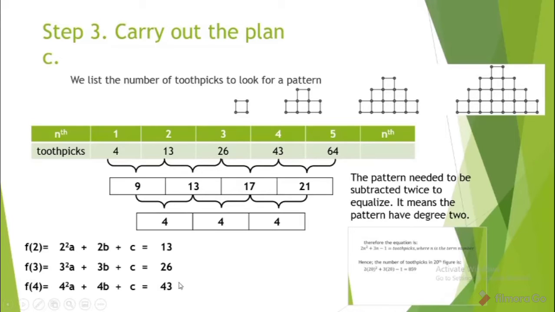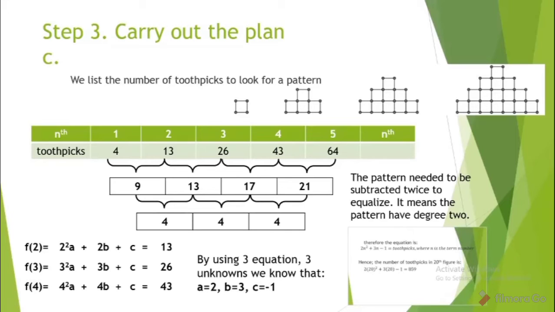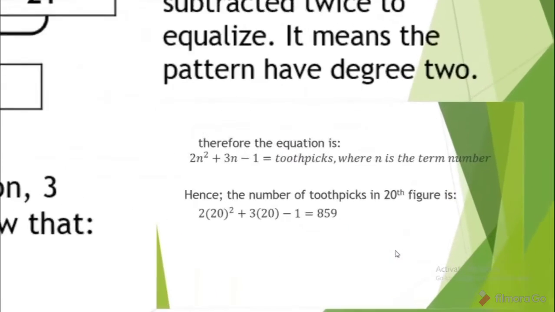So, ayan. By using your calculator na lang po, hindi na tayo mamano-mano. Matagal po yan. So, by using 3 equations and 3 unknowns, we know that a is equal to 2, b is equal to 3, and c is equal to negative 1.